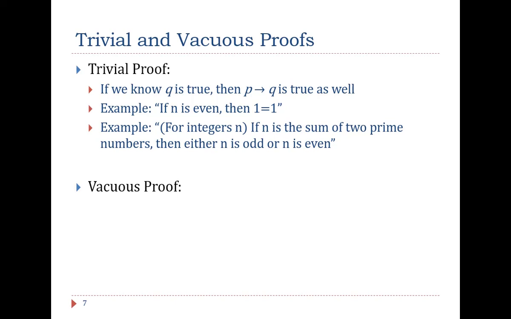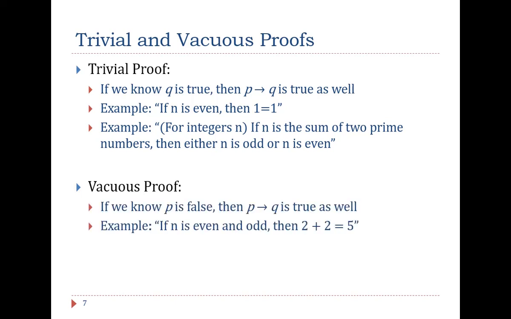Vacuous proofs are proofs where you have P always false, okay? So they are also obvious to prove. They are always true. For example, if n is even and odd at the same time, then we can prove that 2 plus 2 is equal to 5.